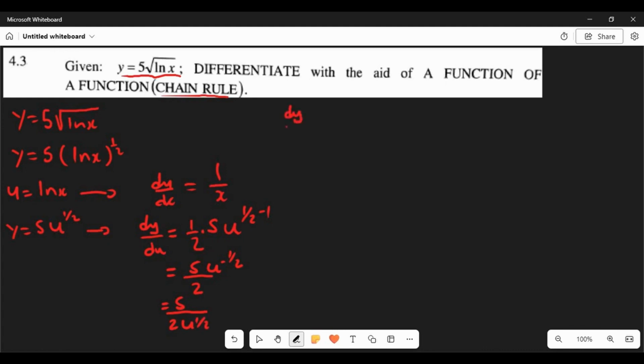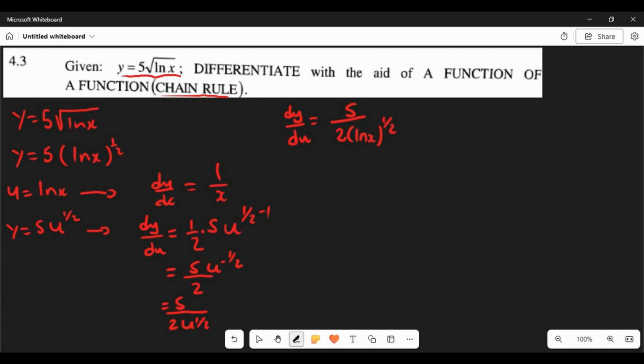From here, guys, let me just continue. dy over du is the same as 5 over 2, but let us not forget that u is what? It's natural log x, so you can say natural log x to the power of half. So basically this is the derivative of y.